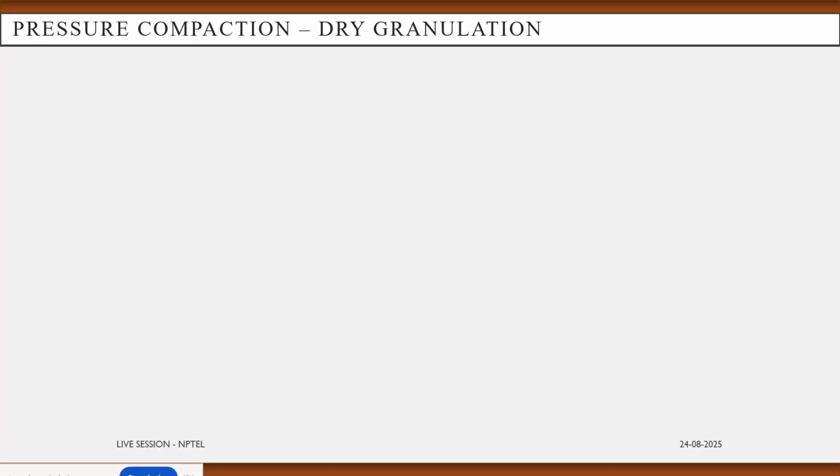So we have discussed all about a basic introduction of the compaction of the granulation process and their mechanism. Now we are moving towards the pressure compaction, or the dry granulation part.